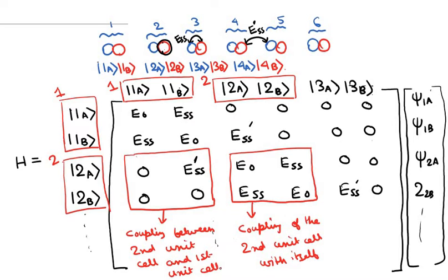And which matrix defines the coupling between the second unit cell and the third unit cell? This is the matrix which defines the coupling between the second unit cell and the third unit cell.